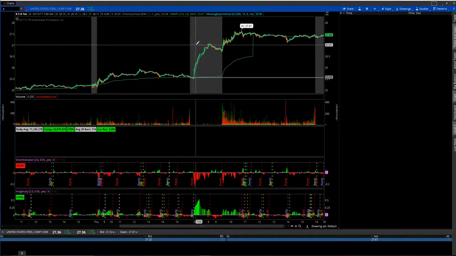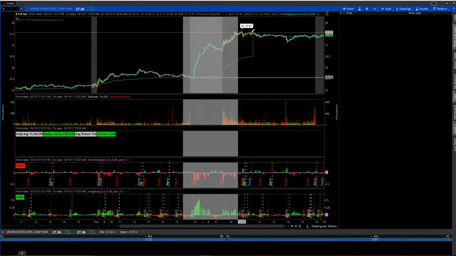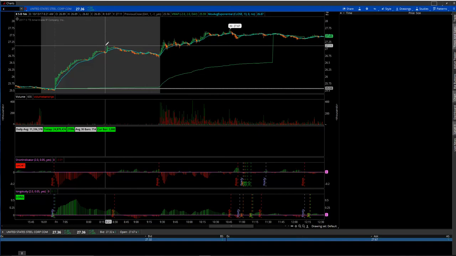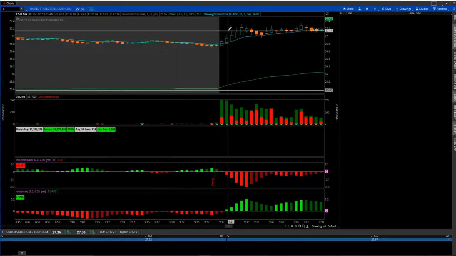So I saw pre-market that this was the pre-market high. It was already gapping up. And I said, if it can break over the pre-market high, which was 26.87, I thought it had a chance to go. So I saw it actually break above it here.